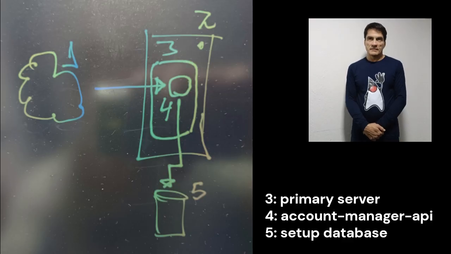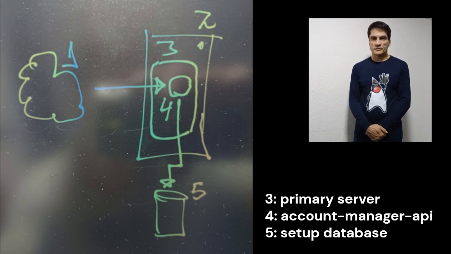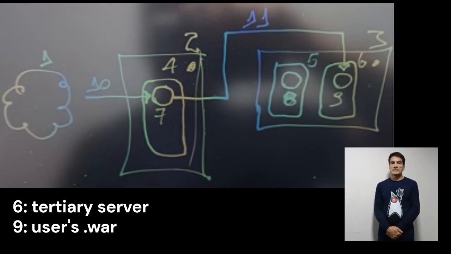ClusterJ Security is divided in two parts. There is the cluster system security, which is the responsibility of ClusterJ. And there is the security of the web application of the user.